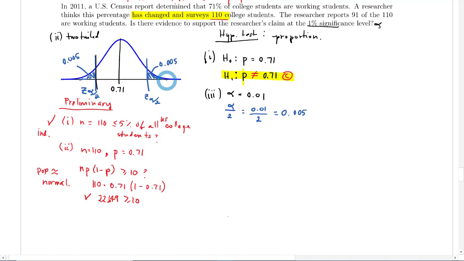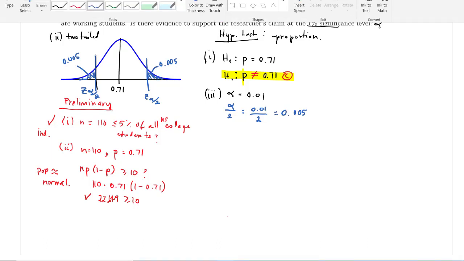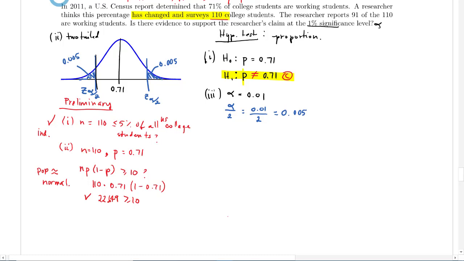We split the alpha into the two tails, and these two are the critical regions. So step 4 is going to start the approach. The first thing we would do is the classical approach, and then the p-value approach, and then the confidence interval approach.